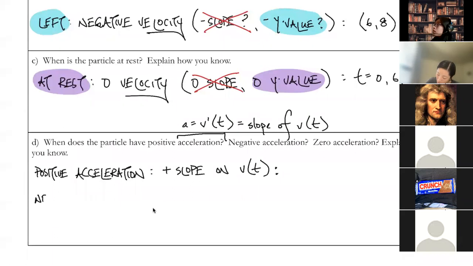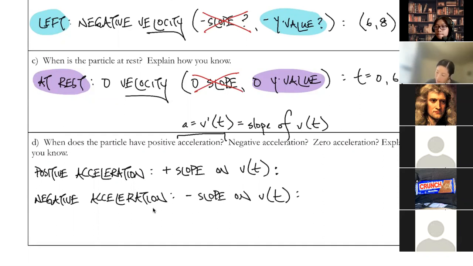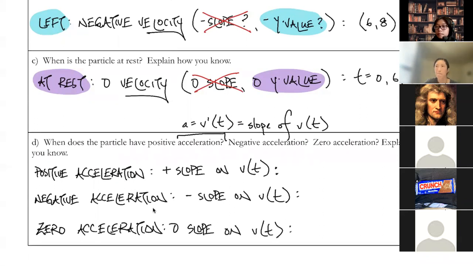Now, if we change this statement to say, I'm looking for negative acceleration, and I'm looking for a negative slope on v of t, okay? And if I'm looking for zero acceleration, I'm not moving any faster or slower, but I'm just cruising along at a constant velocity, that might mean we're looking for zero slope on v of t, okay?